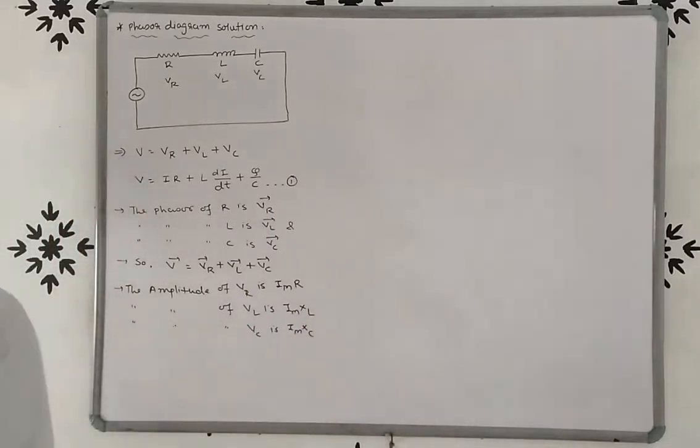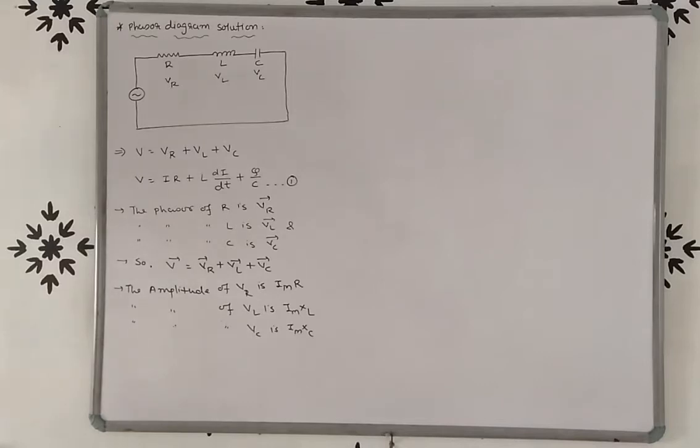So here friends, the amplitude of VR is Im into R, the amplitude of VL is Im into XL, and the amplitude of VC is Im into XC.